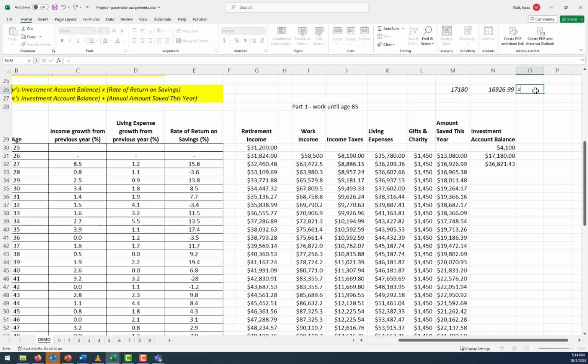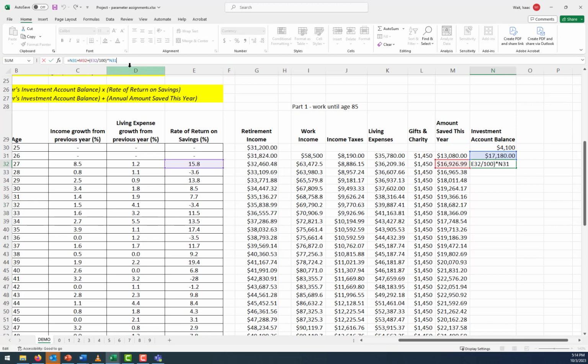So 0.158 times this balance. So now we need to add these three things together. So the sum of those three things, 36,821. All right, good. So it's settled now.